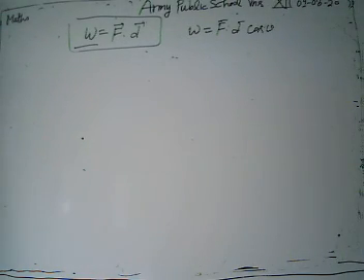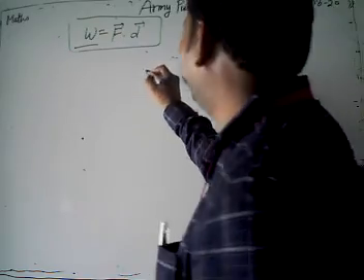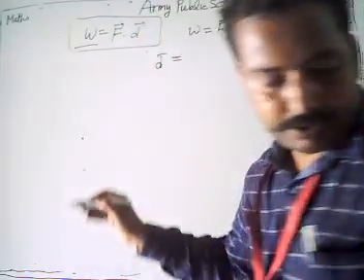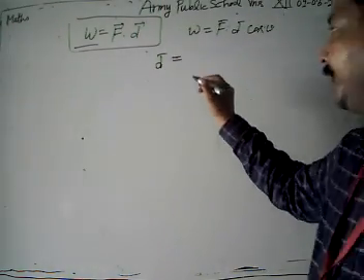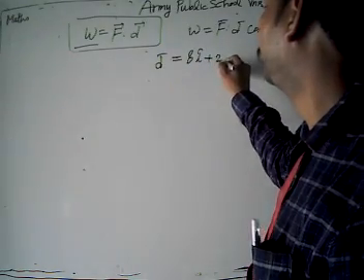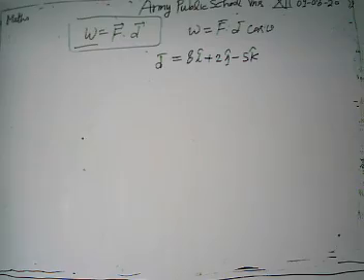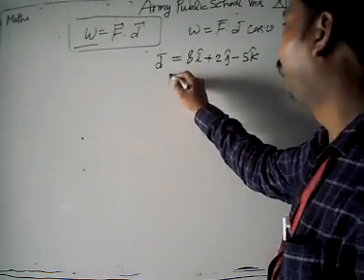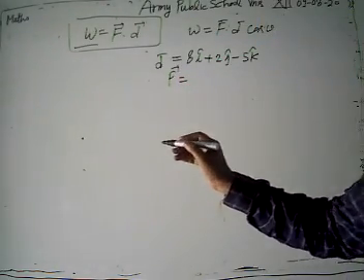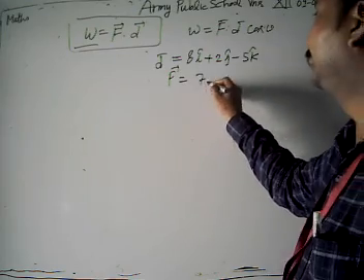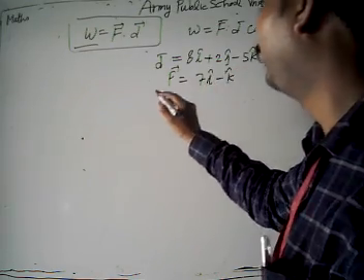Find the work done in moving an object along a vector D. We are given the vector D as 8i cap plus 2j cap minus 5k cap. If the applied force F is given by 7i cap minus k cap, now we have to calculate the work done.